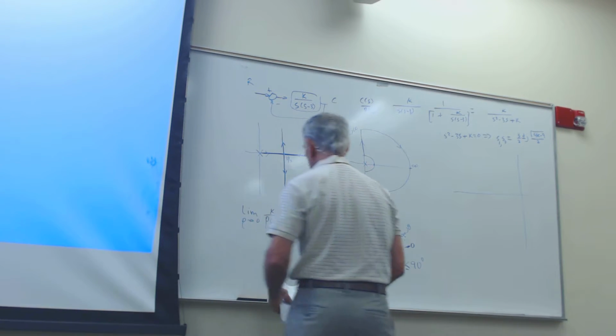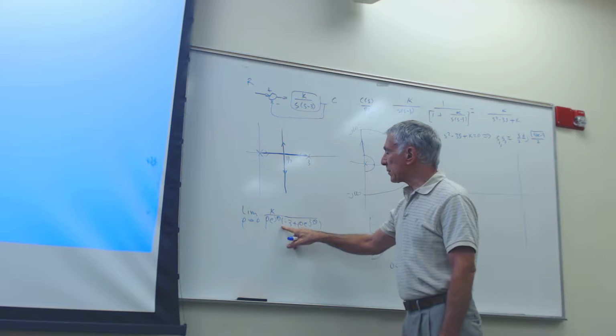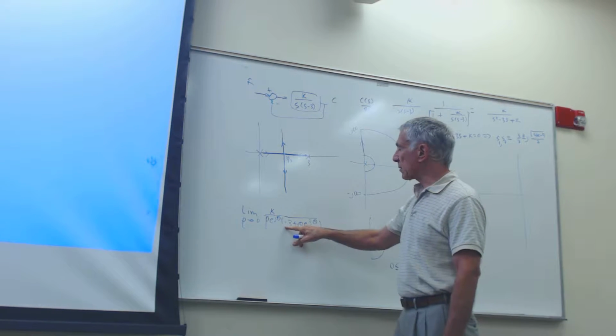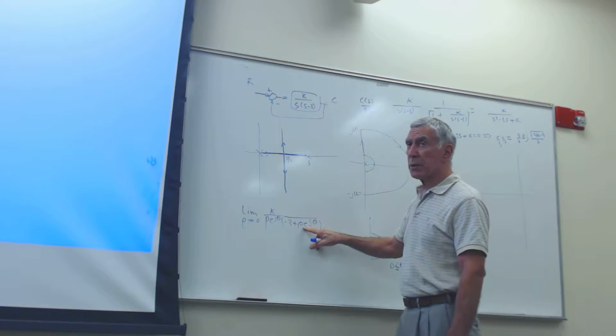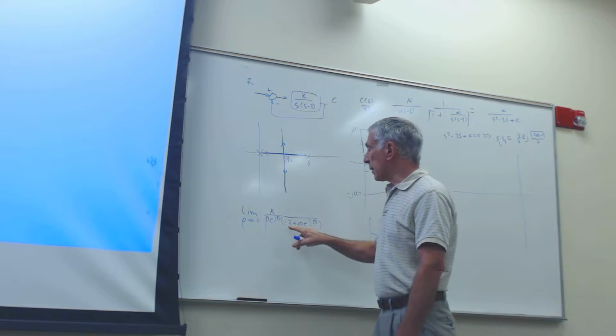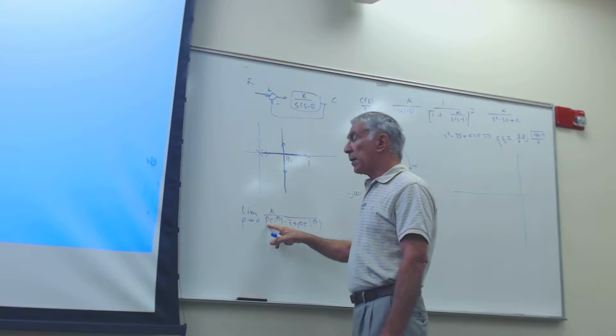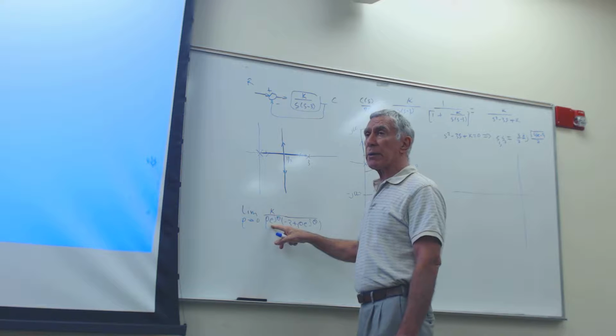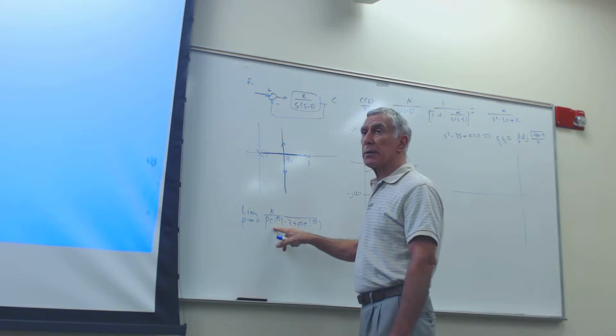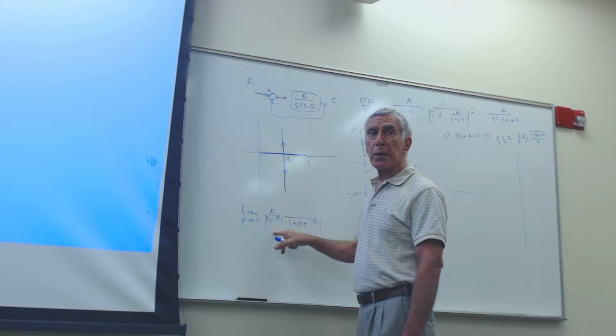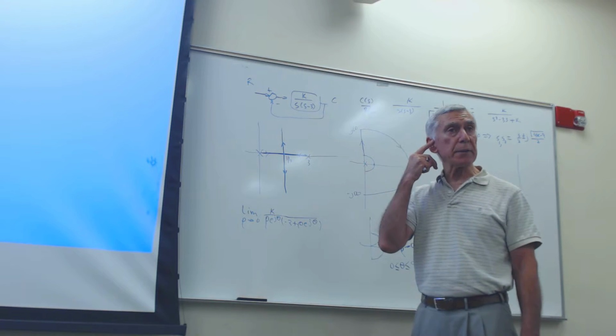What you can see is that inside the parentheses, this is just going to become minus 3 because rho is going to 0. And here, rho going to 0 in a denominator causes the ratio of K over rho to be infinite.